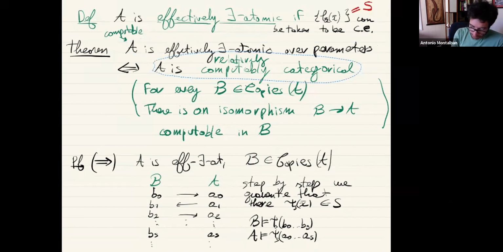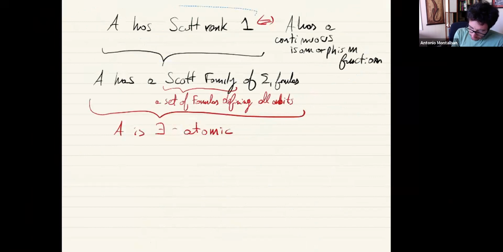And okay, let me write this theorem in a better way. So now we have Scott rank 1, existentially atomic, is the same as having the continuous function. The theorem I want to write is the following.